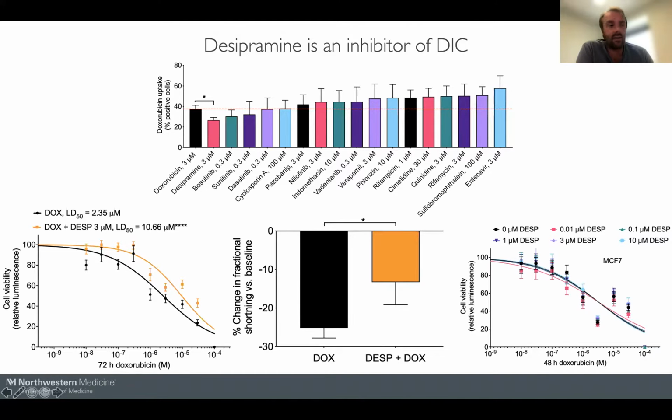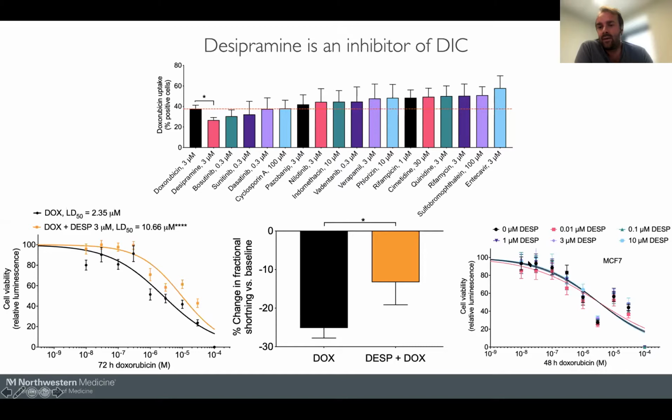So to cut a long story short, this is in a mouse model. If you pre-treat a mouse with it before it has doxorubicin, you attenuate the cardiotoxicity by about half. We have a lot of data on this.